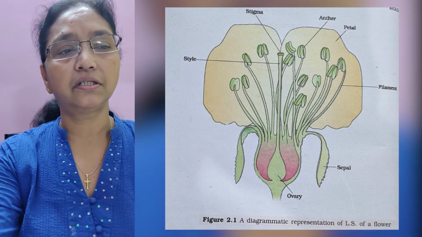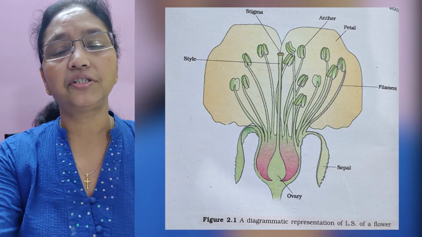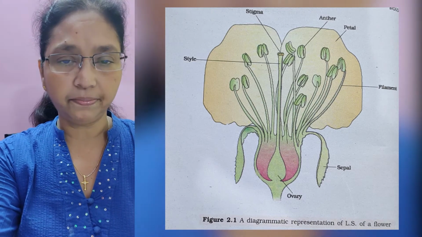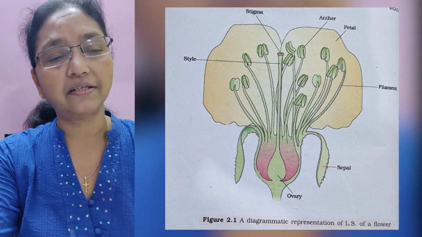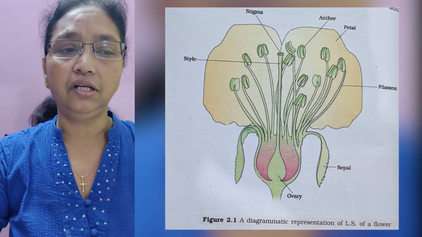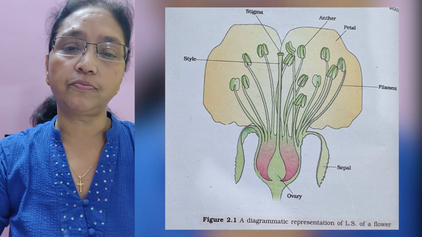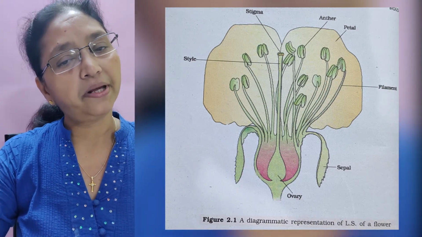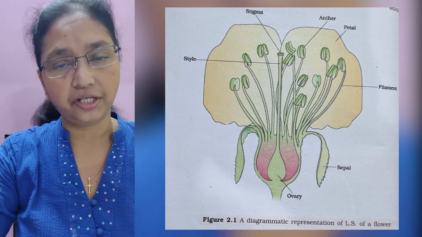A flower is actually a modified shoot, and a typical flower has 4 whorls which are arranged around the thalamus. The stalk of the flower is called the pedicel. The outermost whorl is the calyx, which is made of sepals, and the sepals are protective in function.